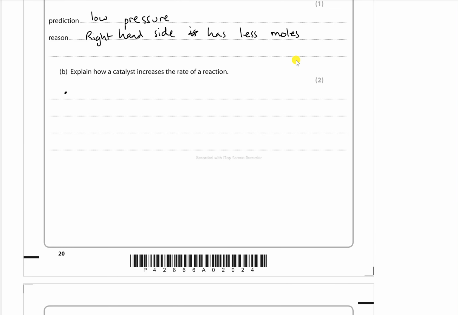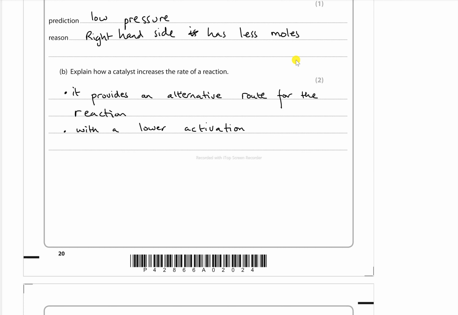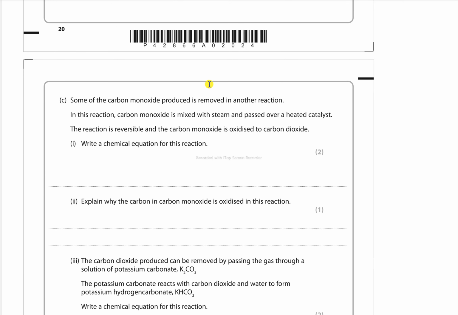So it provides an alternative route for the reaction with a lower activation energy. Right.